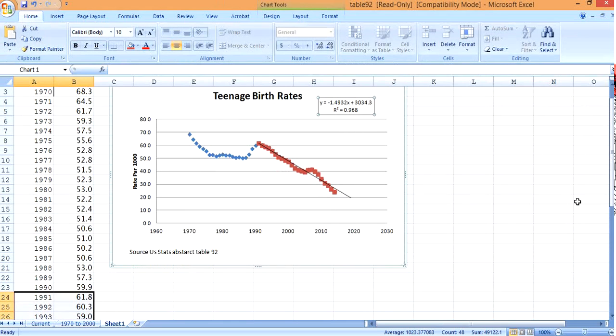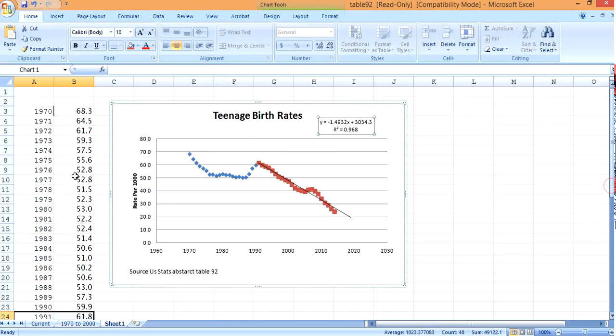So let's say you look at the teenage birth rate data, and this is actual data from the US Statistical Abstract, Table 92, and you find that teenage birth rates have been decreasing pretty dramatically over the last 3 decades, let's say. So if we look at these numbers, in 1990, the birth rate was about 60 per 1,000.